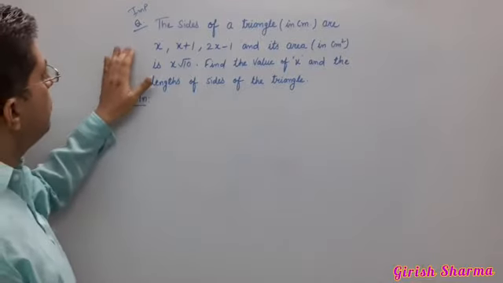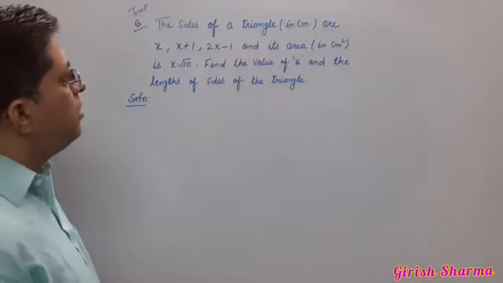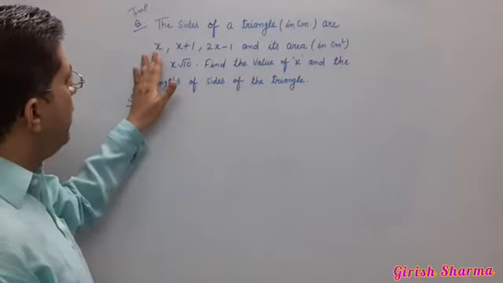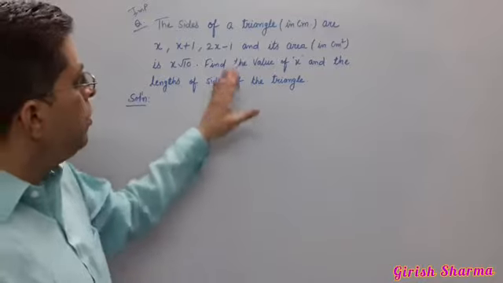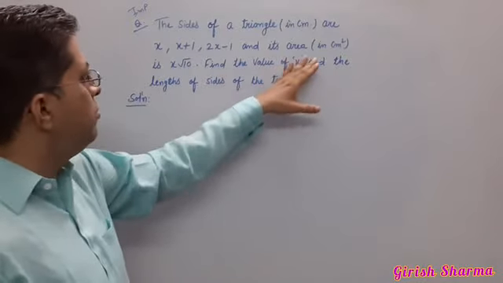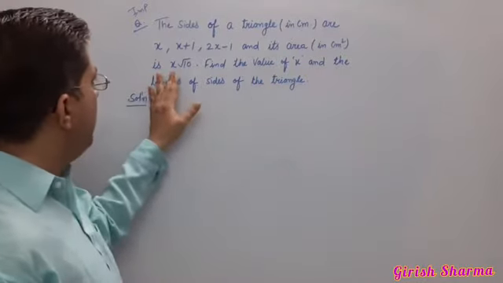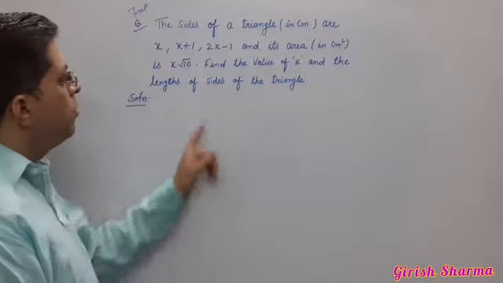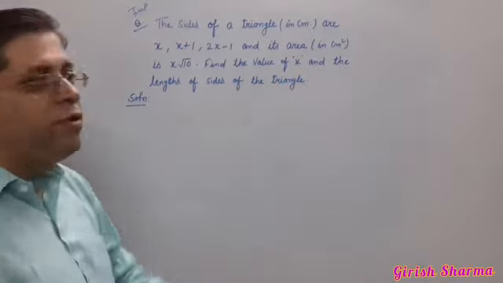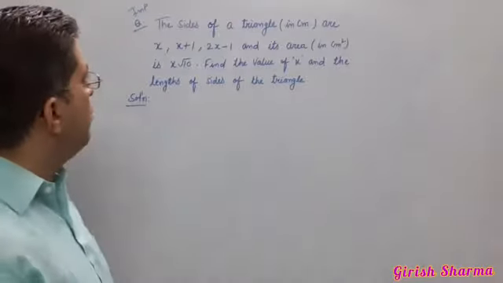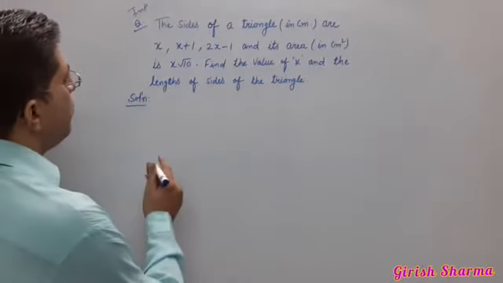The question is: the sides of a triangle, which are in centimeter, are x, x plus 1 and 2x minus 1. And its area in centimeter square is x under root 10. Find the value of x and the length of the sides of the triangle. What is given? Sides are given to you.